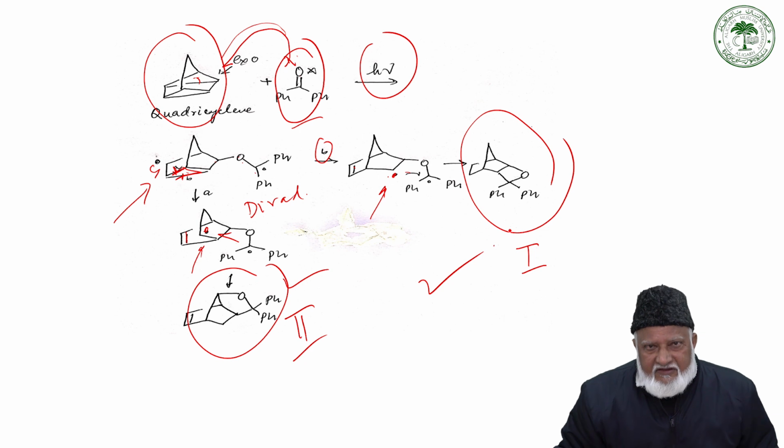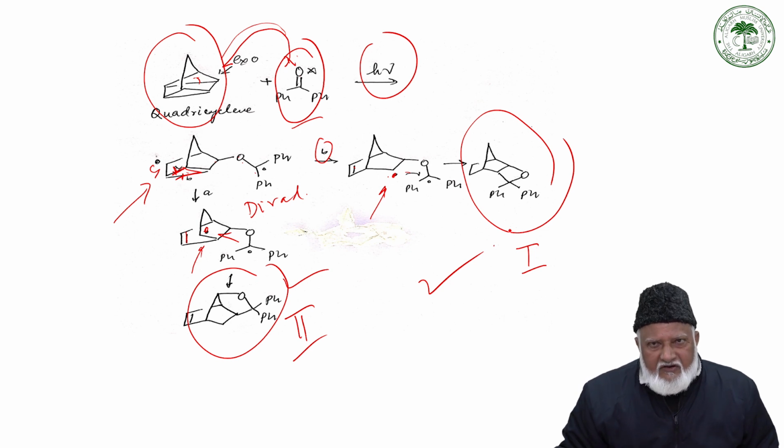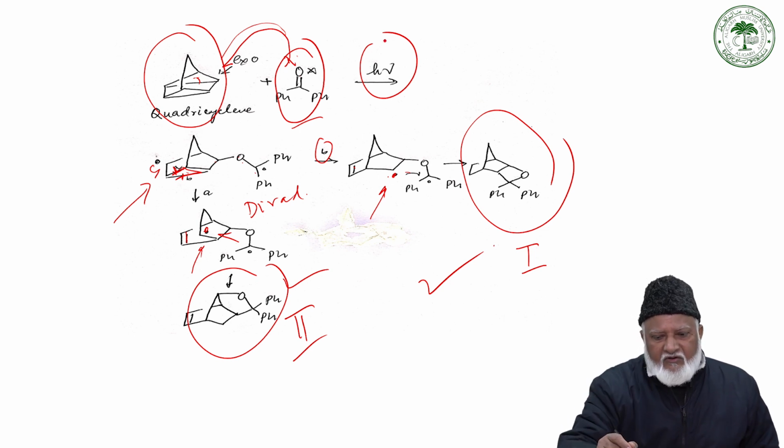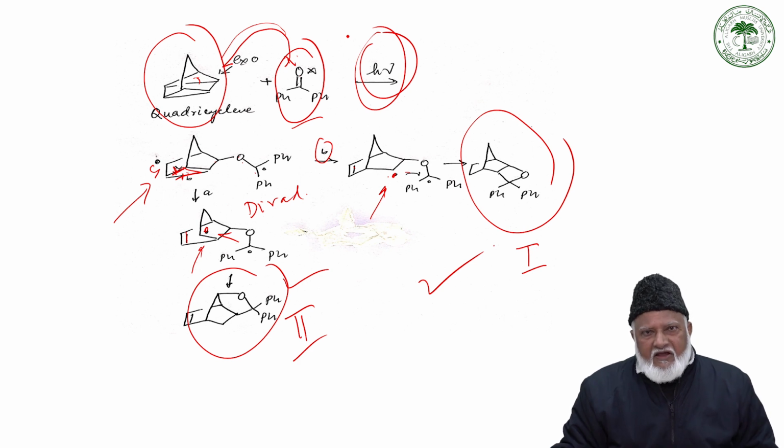So not only do carbonyl compounds add to double bonds, but they have also been reported to add to a highly ring strained system, which is susceptible to opening up very fast. So this reaction is also reported under photolytic conditions, reaction of a carbonyl with quadricyclane to give two products as shown over here.